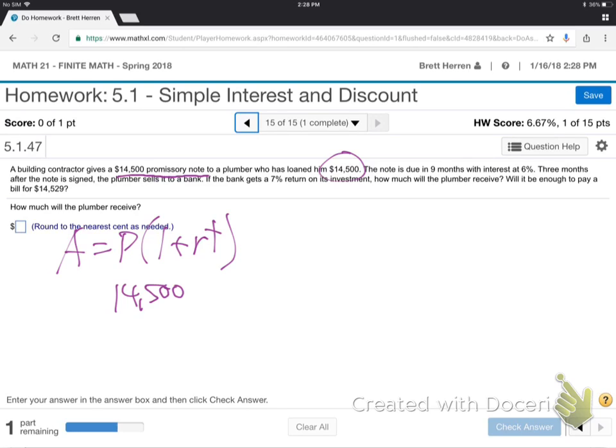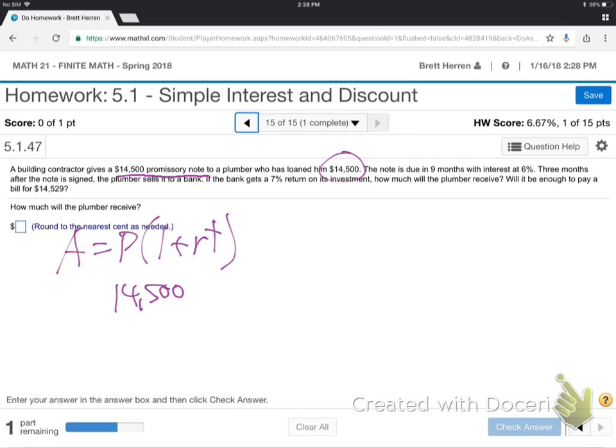But the building contractor is like, I can't pay you till I sell the house. So he says, 9 months from now, I'm going to sell this house and I'll pay you. But right now he owes the plumber $14,500. The plumber just delivered the goods. He just did his work. So the plumber says, my fee is $14,500, you owe it to me right now. If you're not going to pay me for 9 months, it's like I'm loaning you that money that you owe me right now.